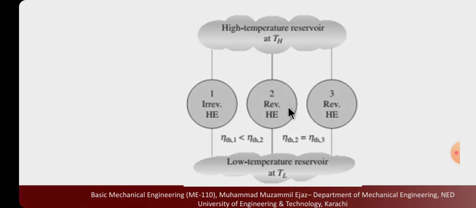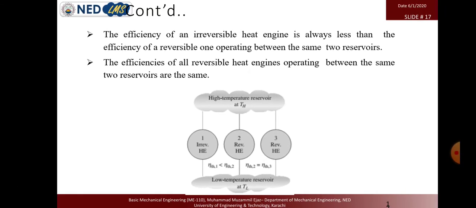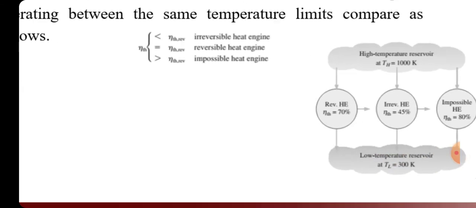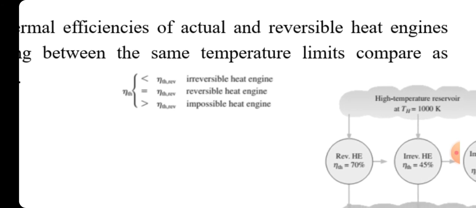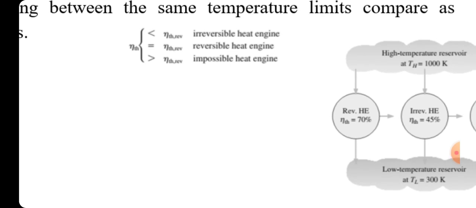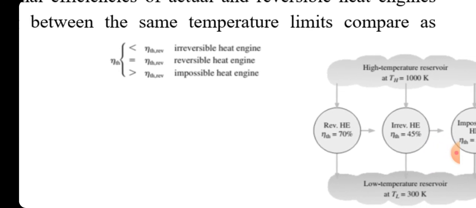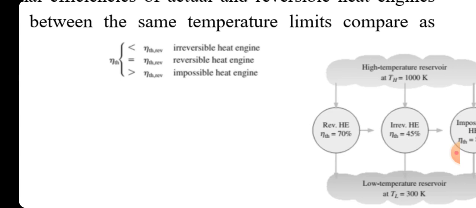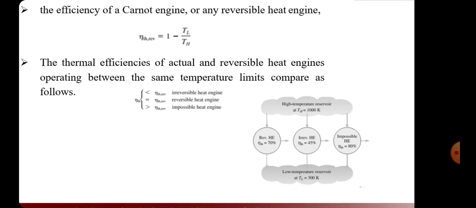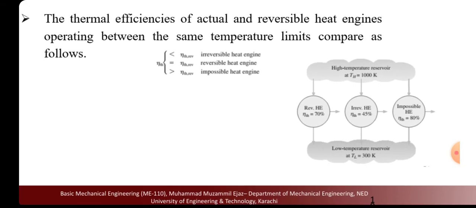But an irreversible cycle can never be greater than a reversible cycle, or even equal to it. All these notations are shown over here: the nth of the irreversible system is less than the reversible cycle, and the opposite is not possible.